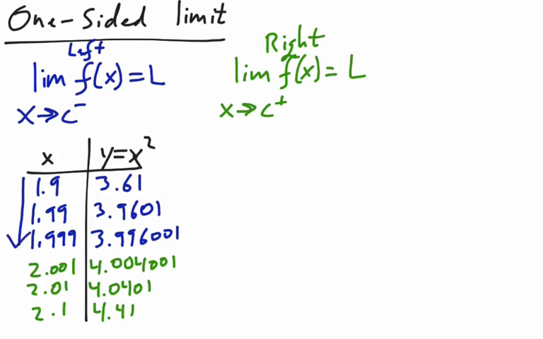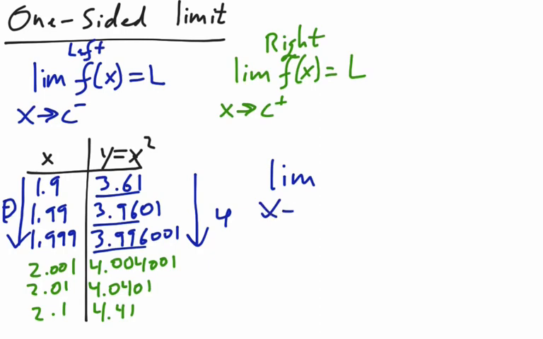The blue numbers 1.9, 1.999, etc. are approaching 2 from the negative side, from the left. So this is that left side limit, and we can see that the y values are all approaching 4, like we suspected. So we can say that the limit as x approaches 2 from the left of x squared is 4.